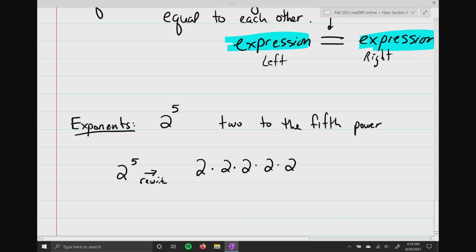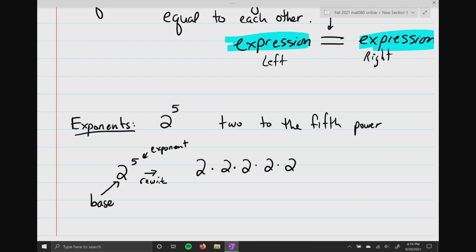So what you're doing is you're taking what we call the base, that's the number 2, and you're going to multiply it by itself 5 times according to the exponent. So remember, when you have a number that contains an exponent, the base is the big number that you write on your page.